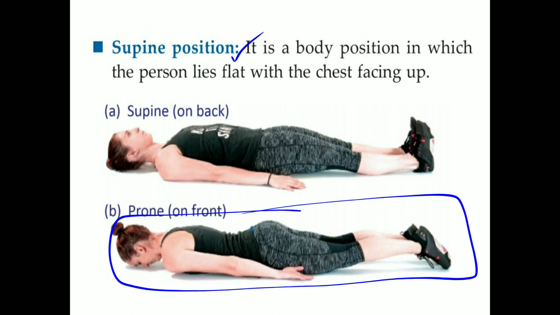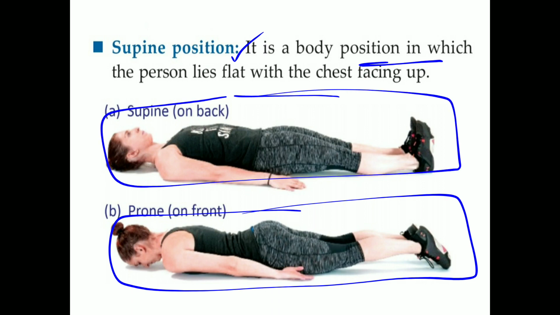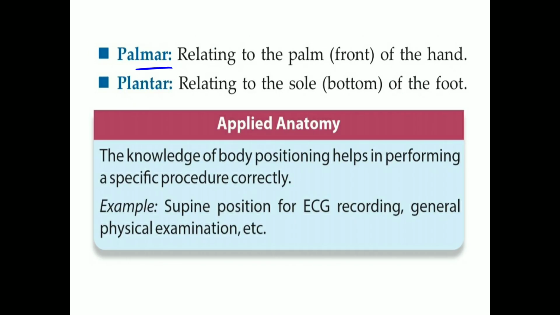And supine position, here the person is lying down with the chest facing up and back facing down, and this is supine. And palmar, this is the term related to the palm, in front of the hand. And plantar, this is the term relating to the bottom of the foot, the sole of the foot.